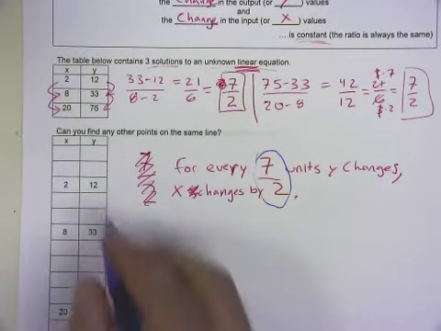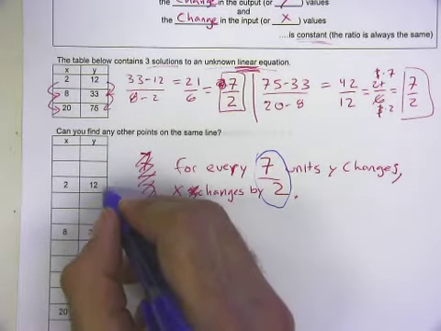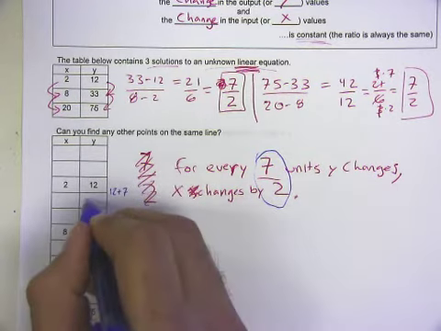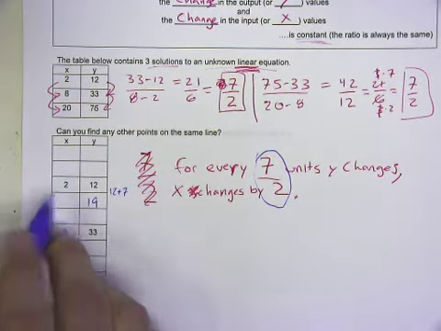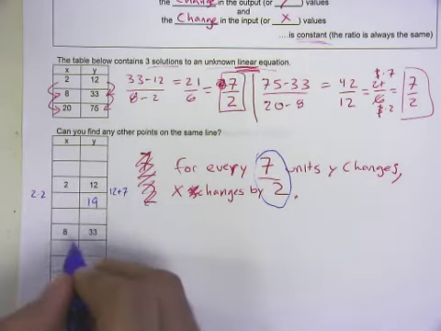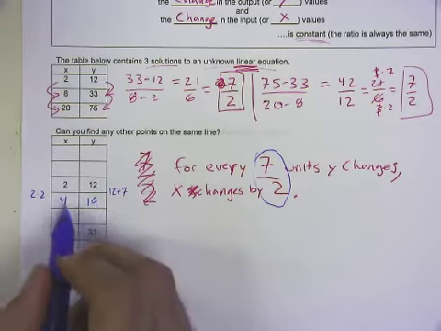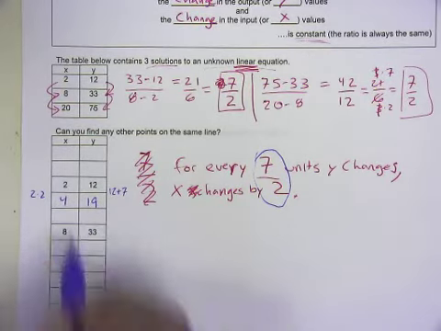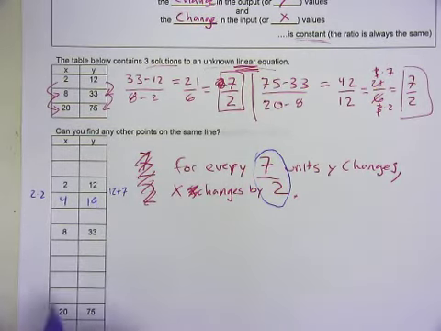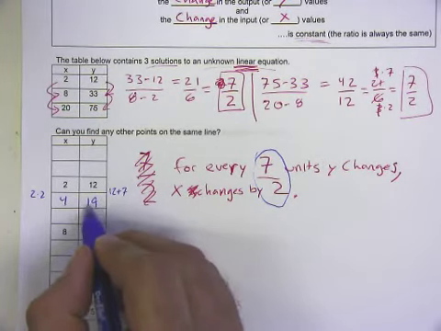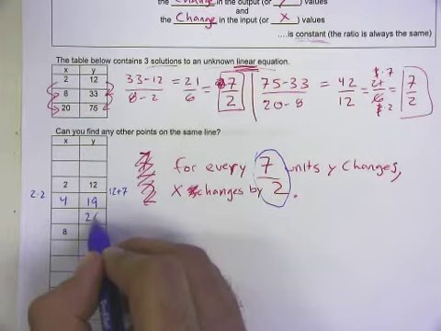So what that means for us here is that if y changes by 7, so if we had 12 plus 7 would be 19, then my x would have to change by 2. 2 plus 2 would be 4. And this would be another xy pair that would be a solution to this same equation. We could find other values. When y changes by 7, 19 plus 7 is 26.